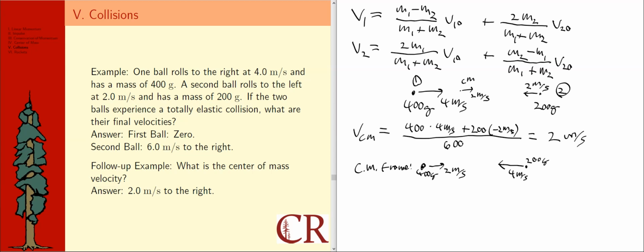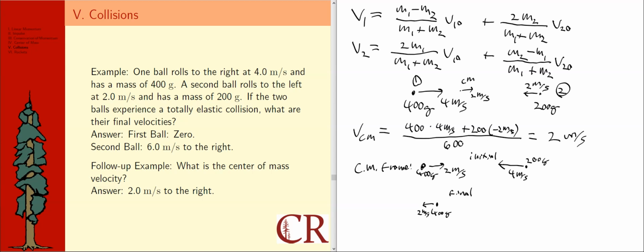Now we know that in the center of mass frame, this is kind of the initial picture, right? But the final picture would be what we noticed in the last example, I think the last example we did right here. So really the example we just did is the same example, just looked at from a different point of view. So we already know what happens, right? We know that the 400 gram object is just going to bounce off at 2 meters per second, okay?